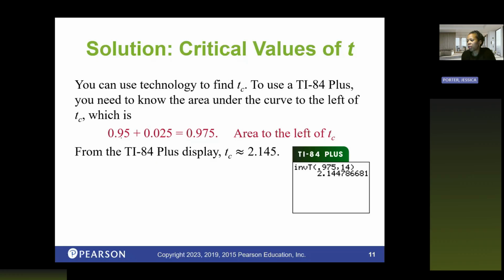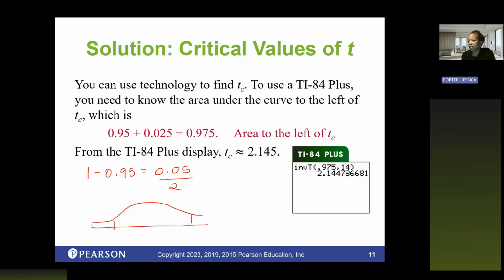Notice if I'm at a 0.95 level of confidence, I usually do it like this. 1 minus 0.95 is 0.05. And then I divide that by 2, because that's going to give me my area in both sides.